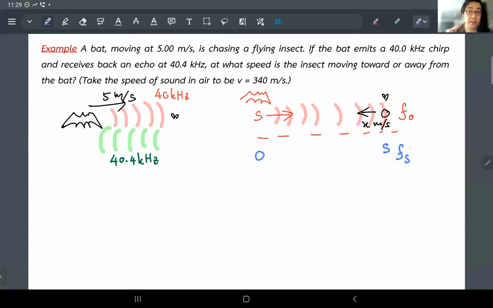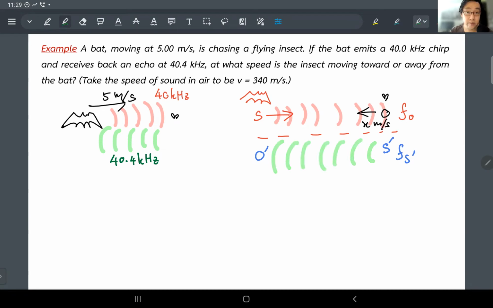So just to be able to distinguish between these two sections, let me call this S prime and O prime. Prime, just say that's the second half. In the second half, the reflections will be the source, and eventually that sound will travel back to the bats.